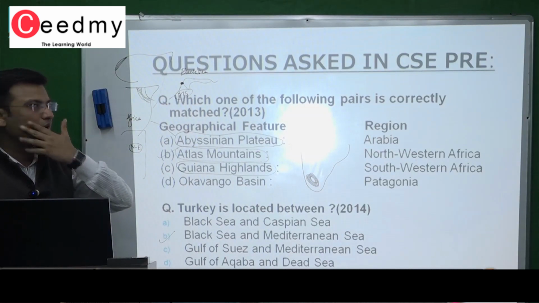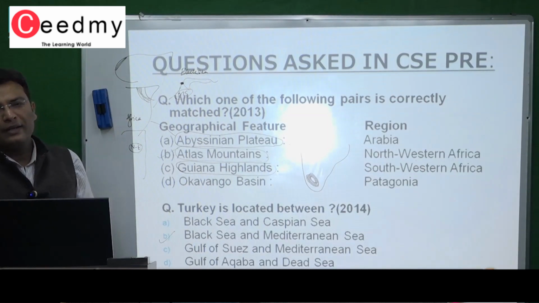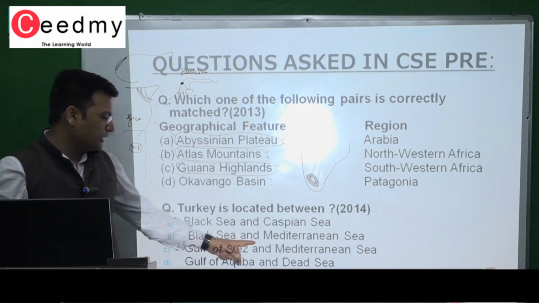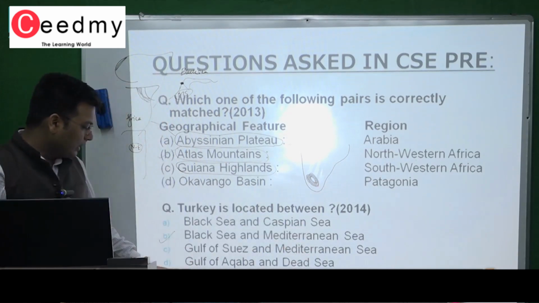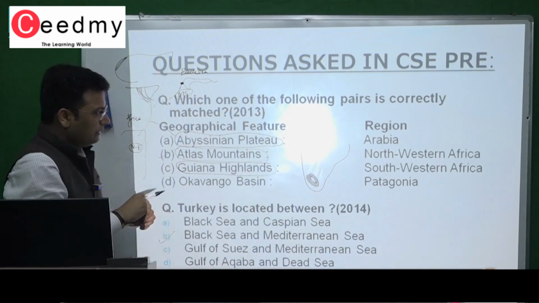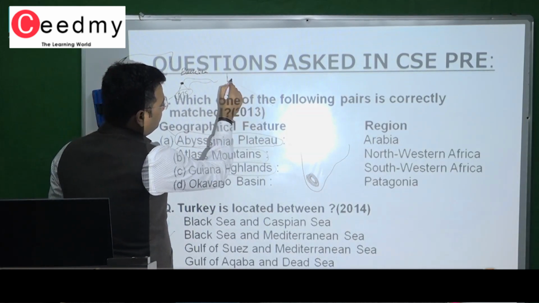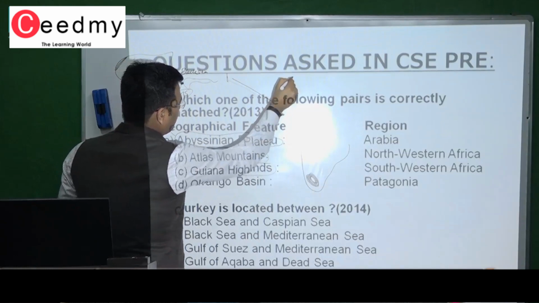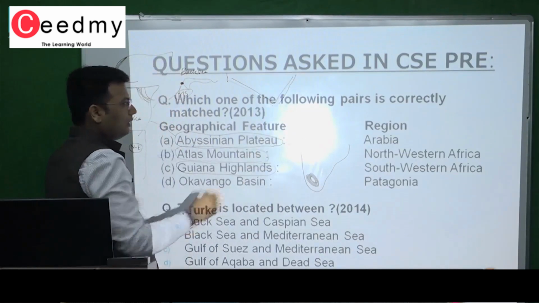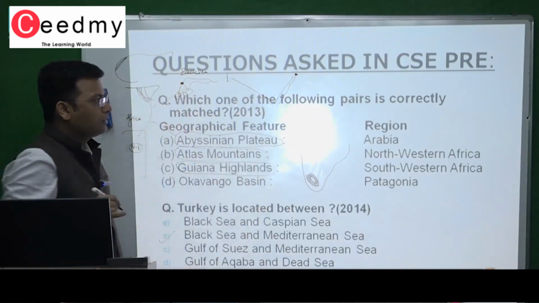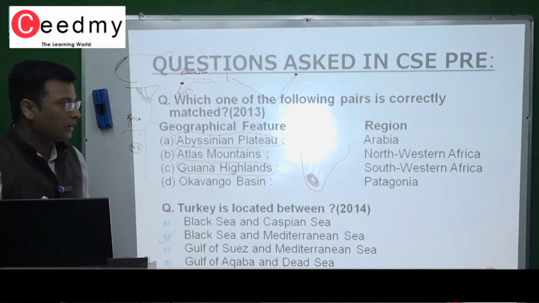You can say that Egypt is somewhere between the Gulf of Suez and Mediterranean Sea. Gulf of Aqaba. This is the Gulf of Suez. Here is the Suez Canal, and this is the Gulf of Aqaba. Here you can locate the port city of Aqaba.